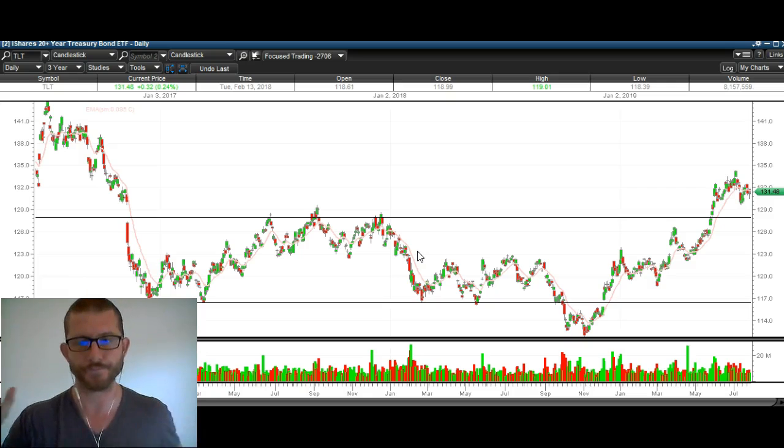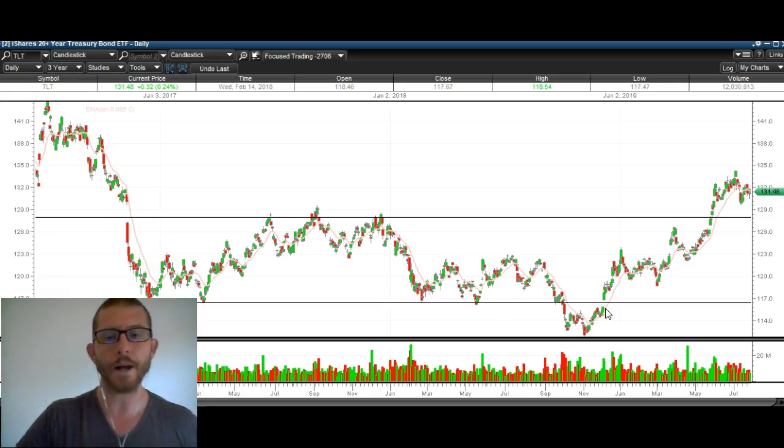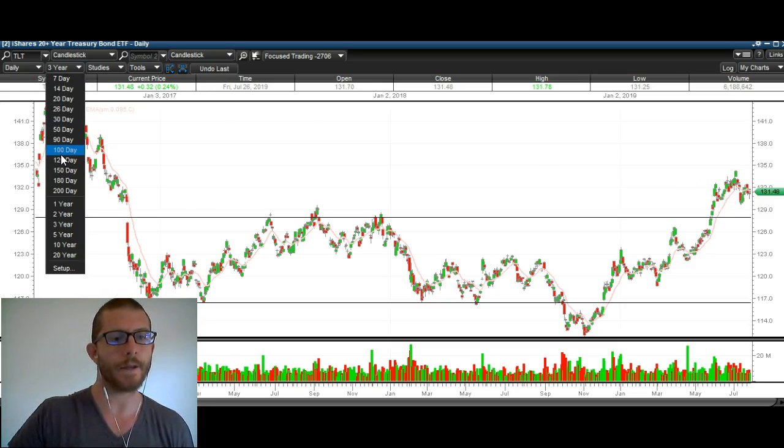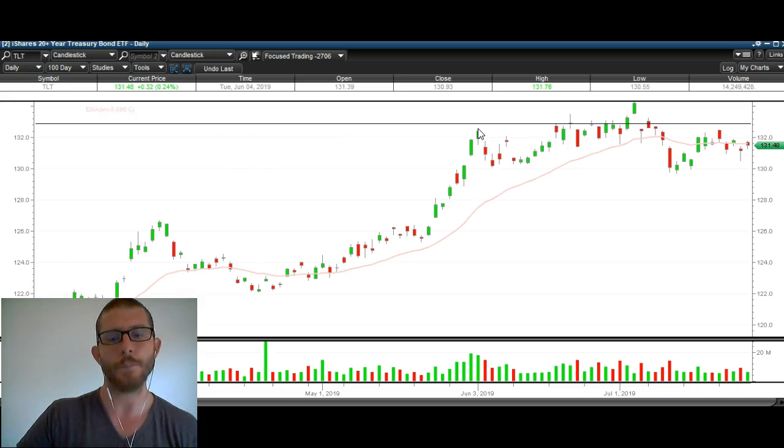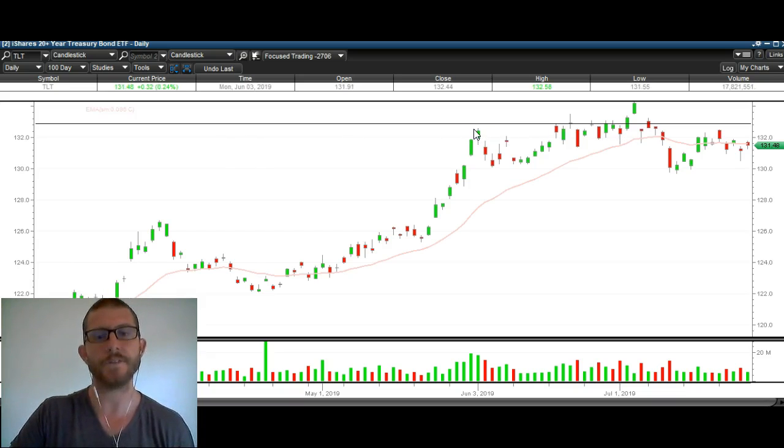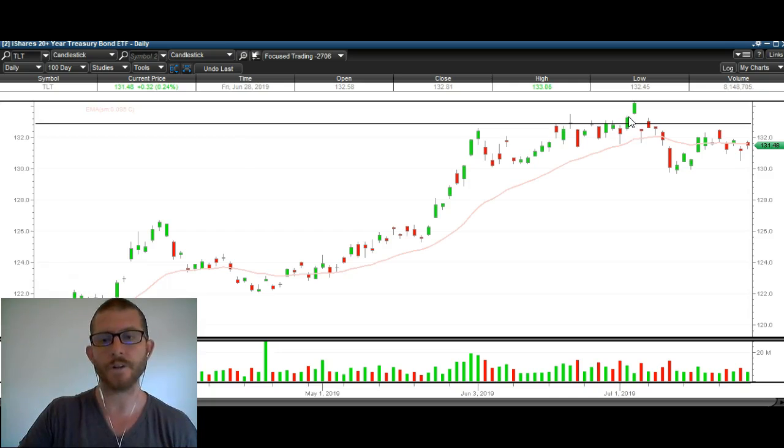Okay, so we ended up reclaiming that level, heading a huge move higher, and getting the more recent action. As you can see, same thing, but it's not going to be as significant because clearly this is about not even a month's worth of resistance.